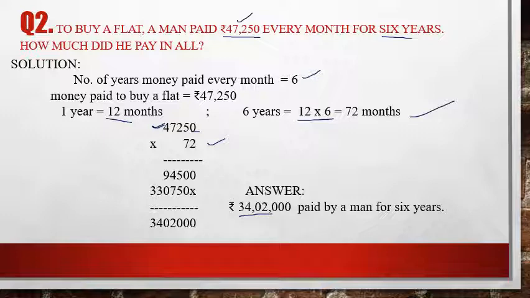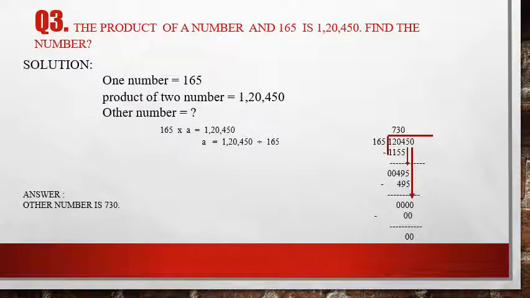Clear? Next question. The product of a number and 165 is 1,20,450. Find the number. Here one number we know, 165, and the other we don't know. Product means multiply.